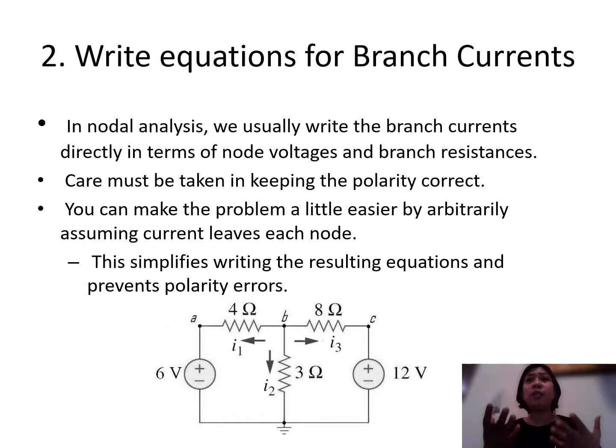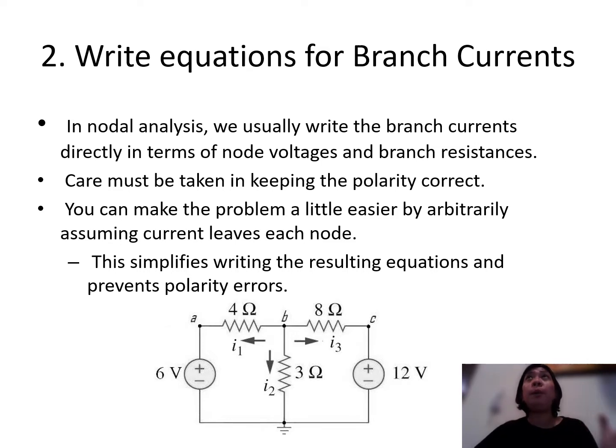Although there is no problem if you assign, for example, this current I1 as entering, this as entering, and this as leaving, it is suggested that we arbitrarily assume current leaves each node. Therefore all of the currents are leaving, so we can make them all additive. This simplifies writing the resulting equations and prevents polarity errors.